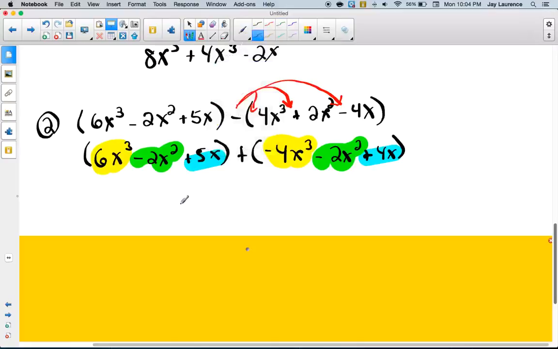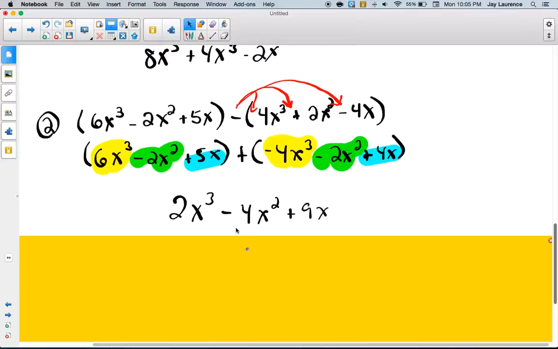So it looks like I have 2 x cubed terms. 6 minus 4 is 2. 2x cubed. I have minus 4x squared, because I have negative 2x squared and negative 2x squared. Negative 2 plus negative 2 is negative 4. And then finally, I have a positive 9x because there's 5x and 4x, which makes 9x. All right.